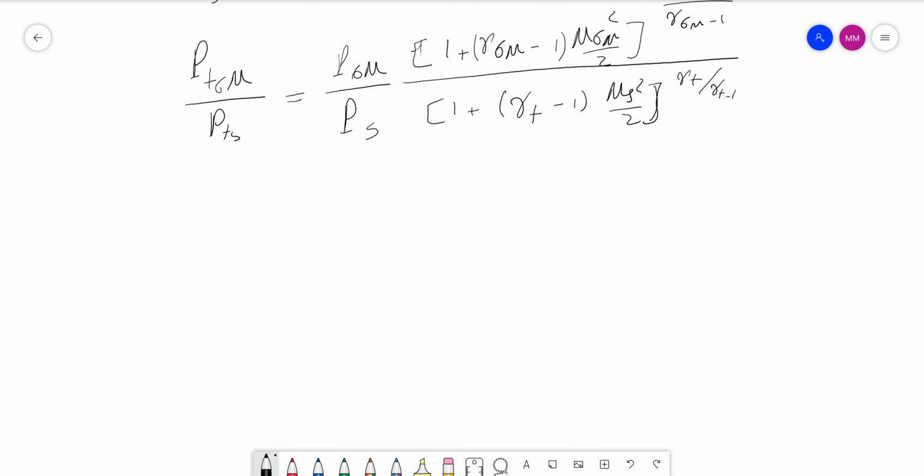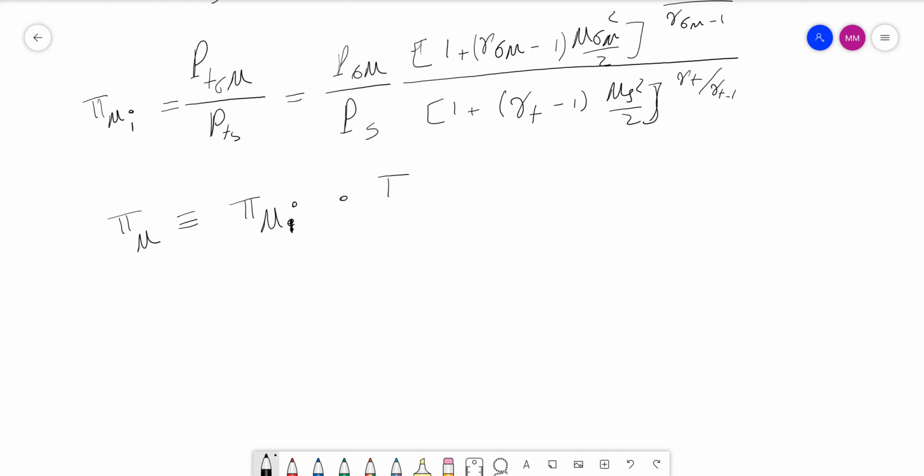Okay, so we are going to call this pi of mixer, the pressure ratio of the mixer. But keep in mind that we didn't include the friction losses, so this is going to be your ideal pressure ratio of the mixer, right? To find the actual pi of M, if you recall, we are going to have a correction factor.